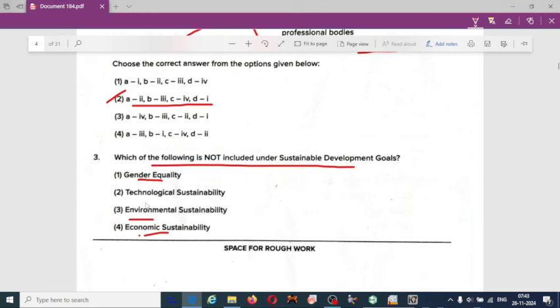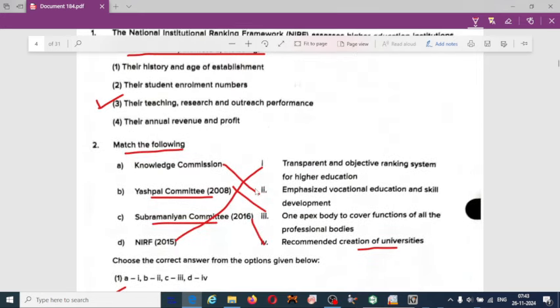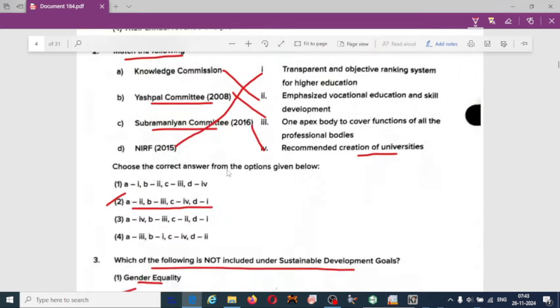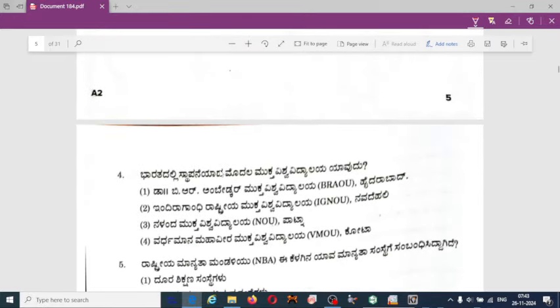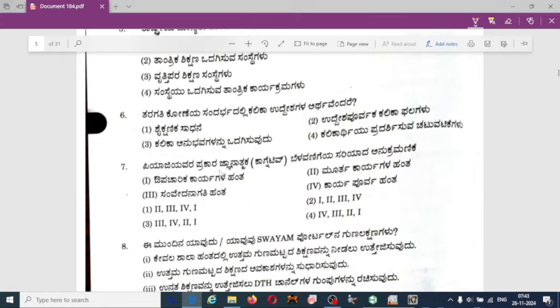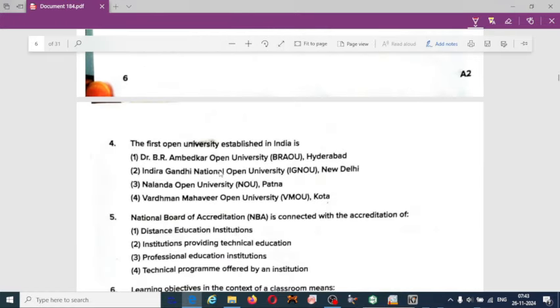However, in the given options, this second option may not be sufficient. So I guess this one may be the correct one, and all the answers I am analyzing are maximum correct. So we have to wait for the final answer key.